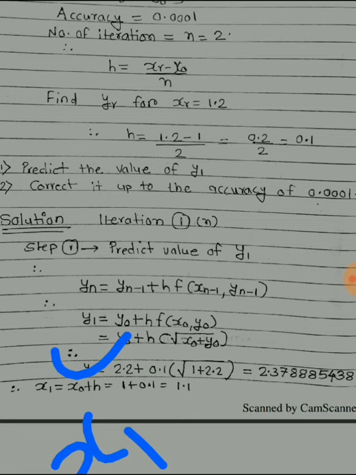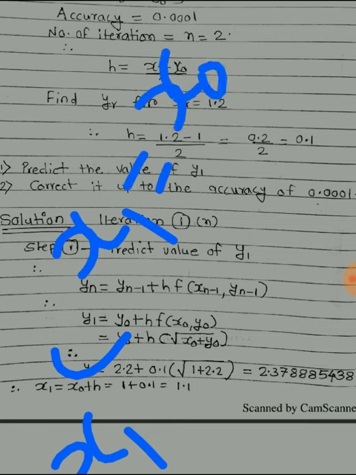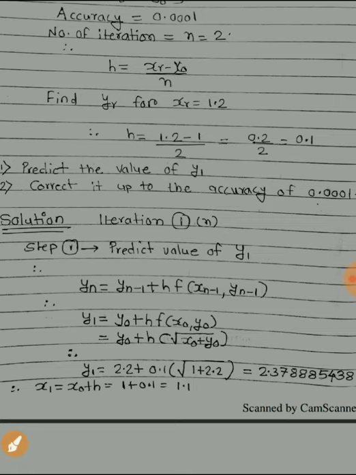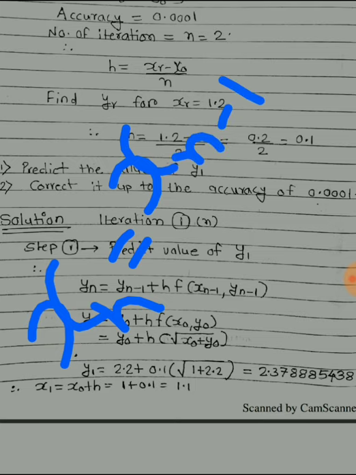So we'll be starting with the calculation of x1. x1 generally is equal to x0 plus h. From where have I got this? This is from the formula of modified Euler's method. You can see the formula where xn equals xn minus 1 plus h.